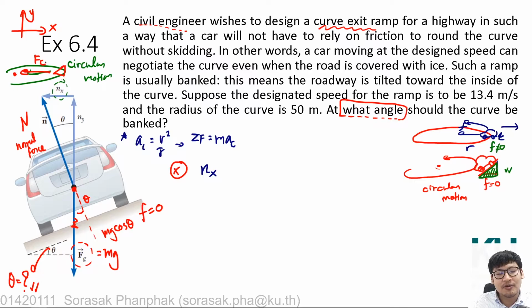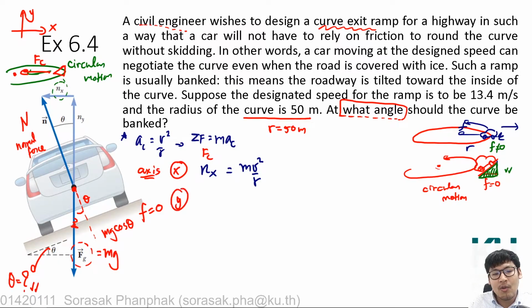So this is supposed to be the centripetal force. So your n_x is F_c, which is equal to mv squared over r, where r is the radius of the curve, which is 50 meters. This is your r. So now you look at the x-axis, and look along the y-axis as well.